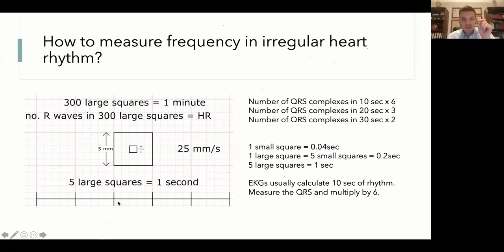You measure the number of QRSs, and then multiply that. If you have 5 seconds, you multiply it by 12 to get 60 seconds of time and see how many beats you have in that period of time. Let's go through this so it makes a bit more sense, shall we?